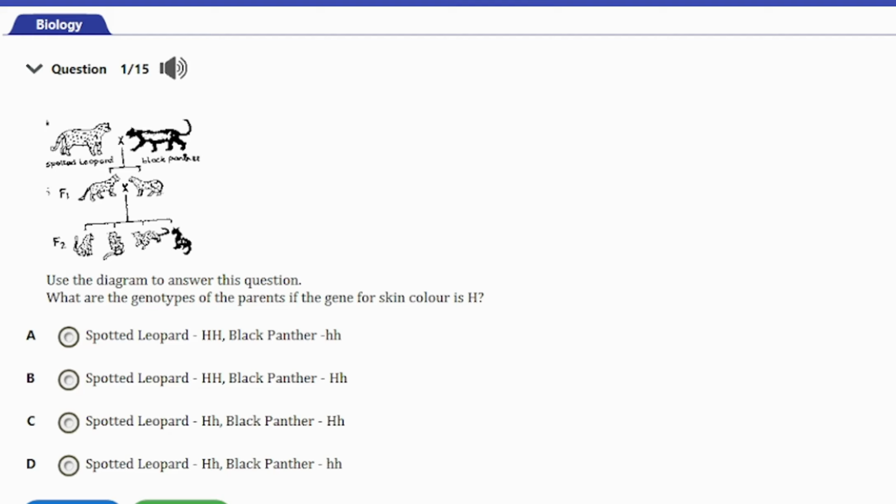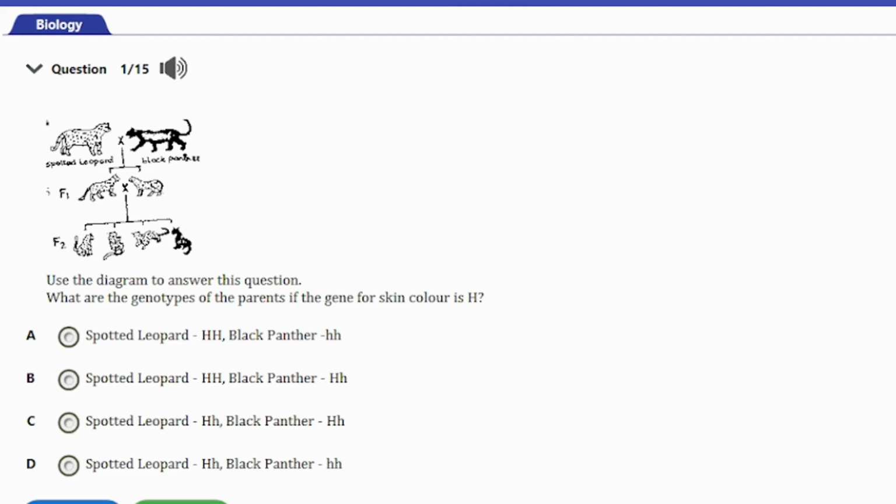Here we have a diagram and we are to use this diagram to answer the question. The question says, what are the genotypes of the parents if the gene for skin color is H? So we have to consider these two parent animals: one is the spotted leopard and the other is the black panther.